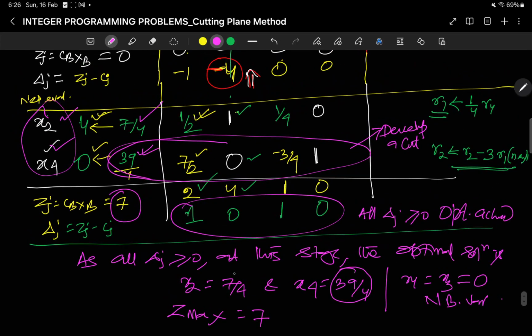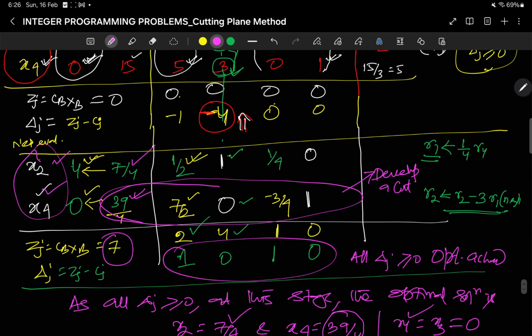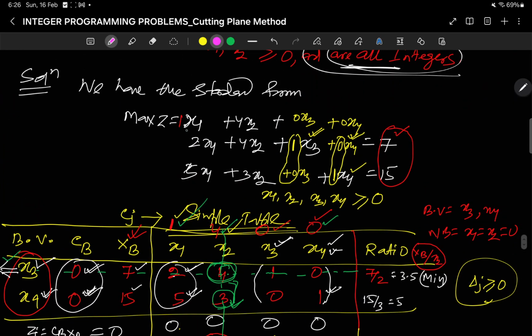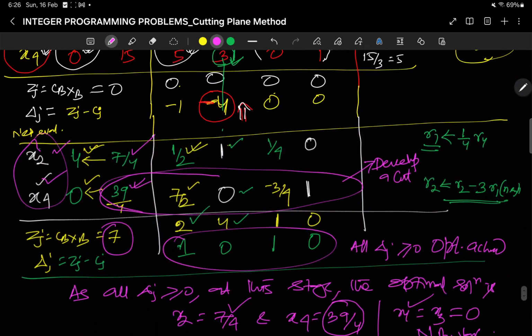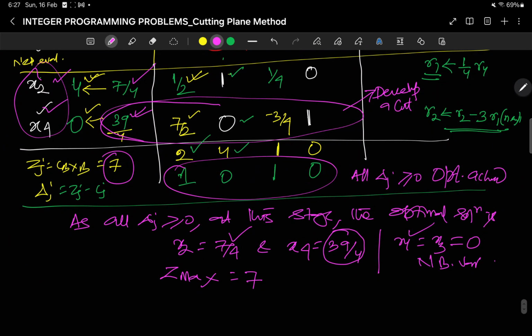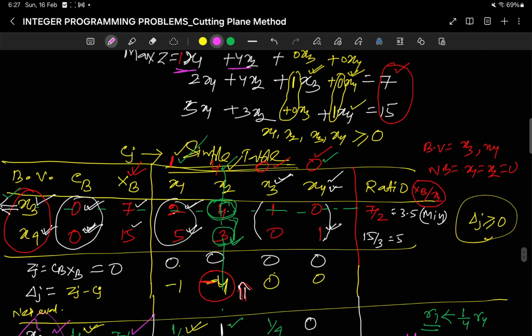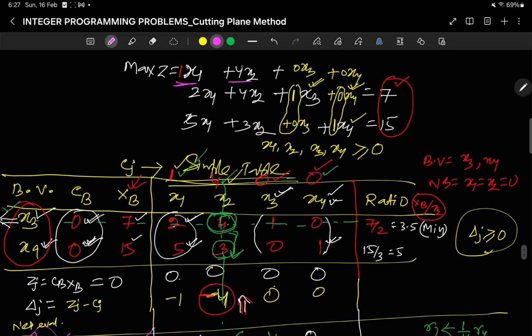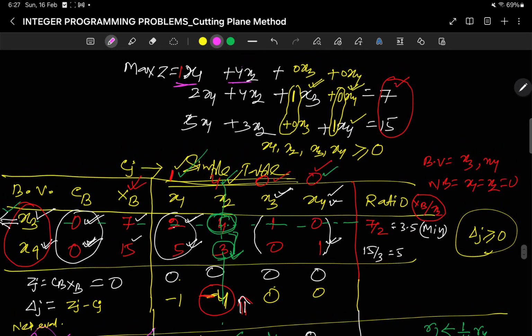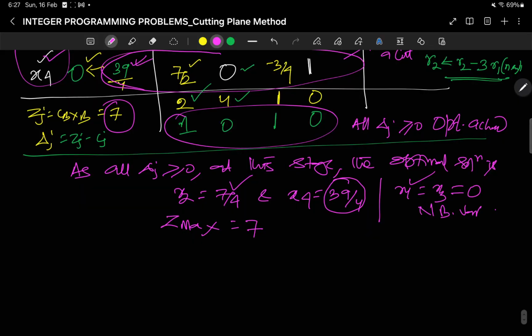Or if you substitute the values of x2 and x1 here, then x2 is 7 by 4, it is 0 plus 4 into 7 by 4, which is 7. But this is not an integral solution, so we have to develop a cut.